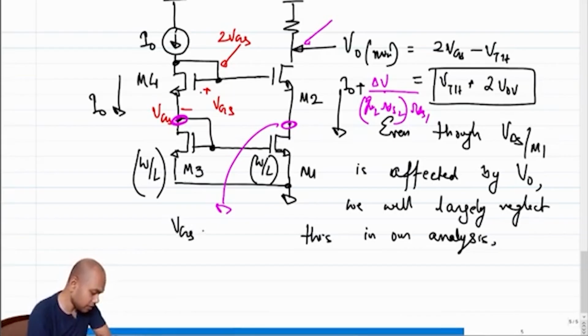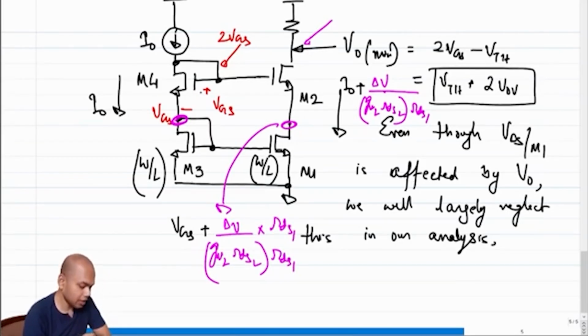It will go from VGS to VGS plus this incremental current, delta V over gm2 rds2 rds1, times rds1, because M1 has an output impedance of rds1, so these two cancel. So the change in the drain voltage of M1 will be the change in the drain voltage at M2 divided by the intrinsic gain of M2, right?